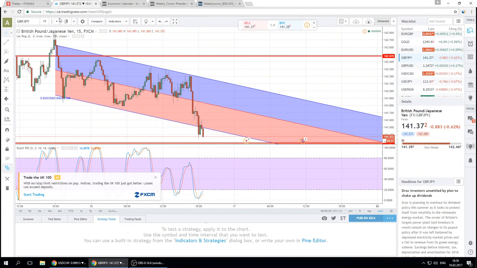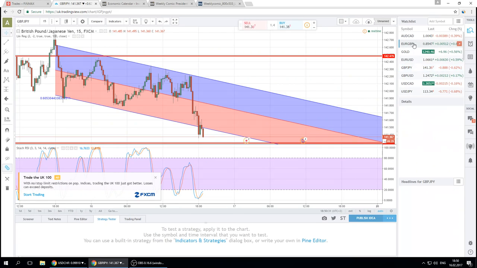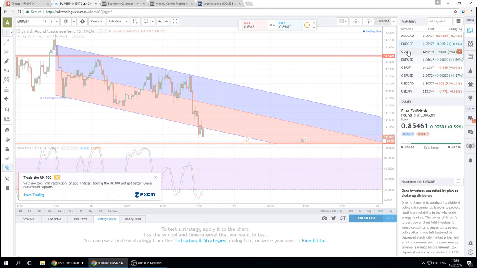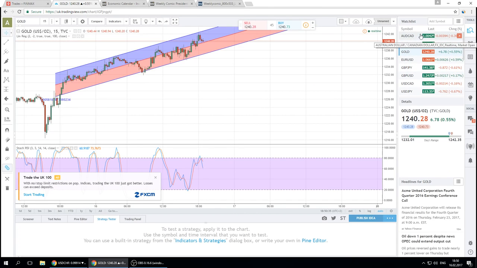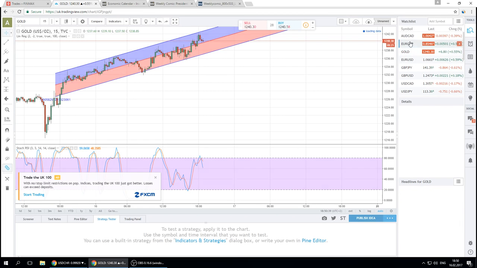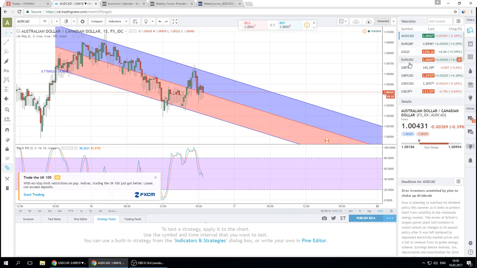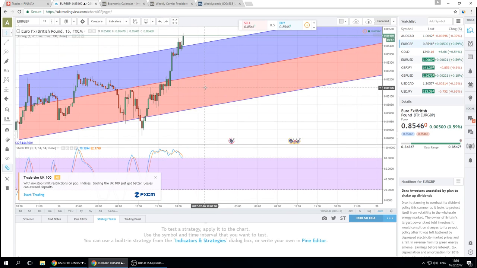The previous trade that we opened, the first one, expired in the money. Here we have gold, and Euro to British pound. As you see, the market price has broken through the upper line of our trend line, and right now I wouldn't open the trade.